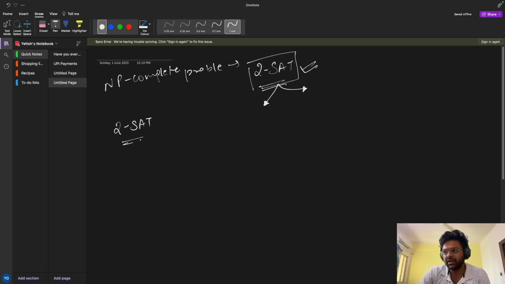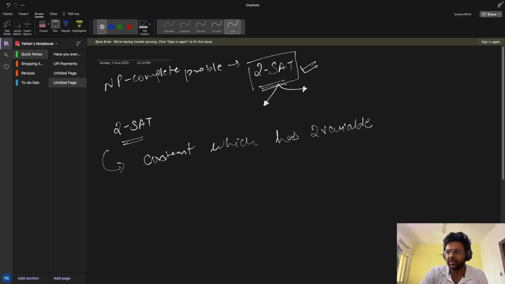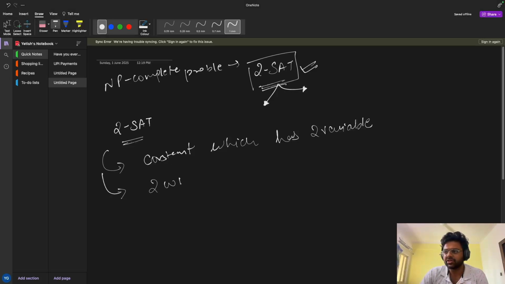A 2SAT problem is saying we have constraints which have two variables, and for each constraint we have two wishes, and at least one wish per person should be true.